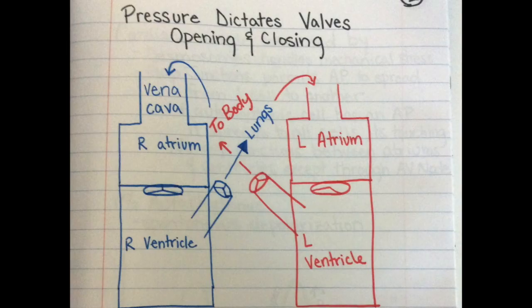In order to move blood throughout the body, the heart has to generate pressure. This pressure results in a pumping force to move the blood from one place to the other. Imagine having a bucket of water and placing a hose in the bucket.